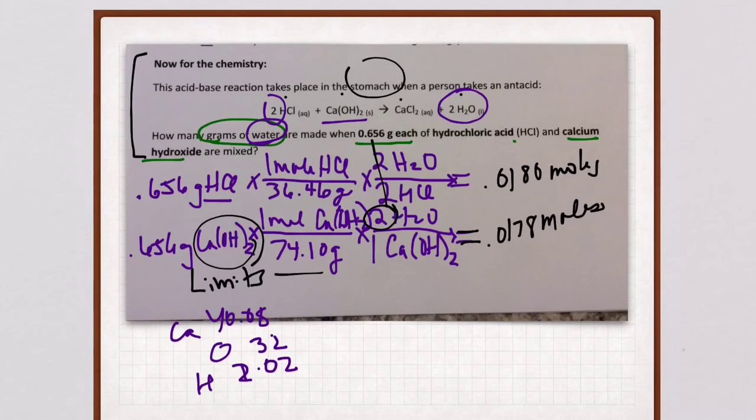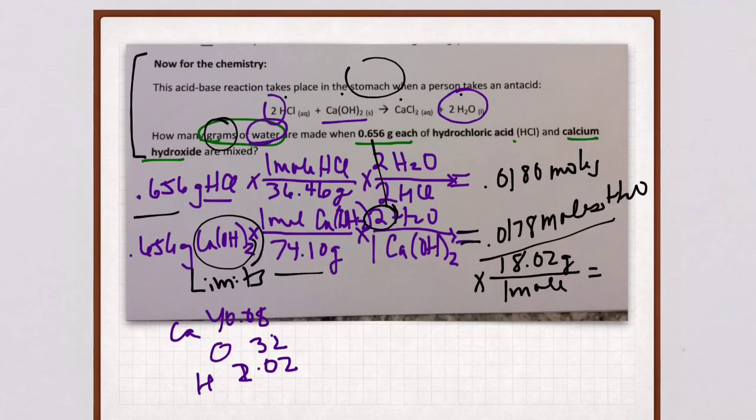It doesn't matter how much HCl you have. You might have 8,000 grams of HCl. It does not matter because you're still only going to be able to get out 0.0178 moles of water. Okay? So now, is the problem asking for moles of water? No, it's asking for grams. So now we can throw in this next step of multiplying by the molar mass of water to get to grams.